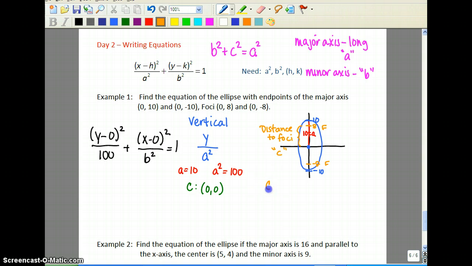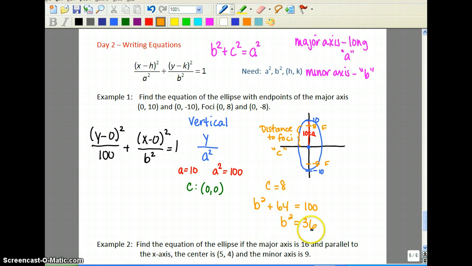So in our problem, c is equal to 8. So if you fill into the formula, b squared plus 64 is equal to 100. Subtract 64 and b squared equals 36.